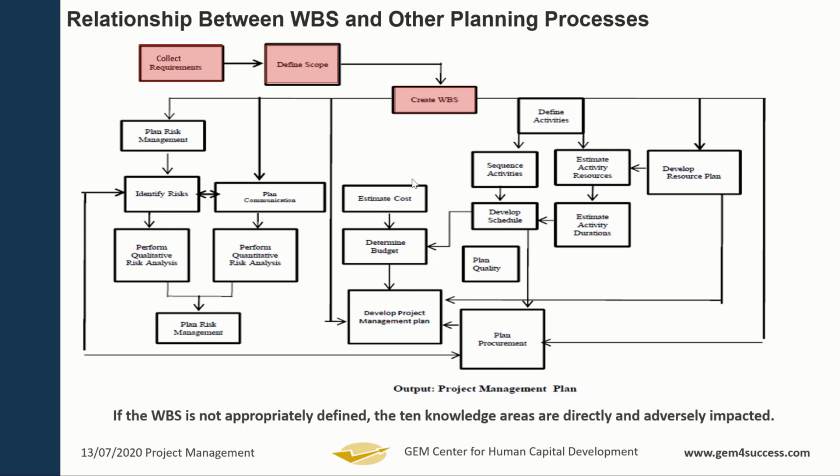So as we proceed in this training, we'll keep coming back to this diagram to see how the processes are flowing out of what they are getting from the WBS. So if your WBS is not properly defined, the knowledge areas that are picking from it are directly, adversely impacted.